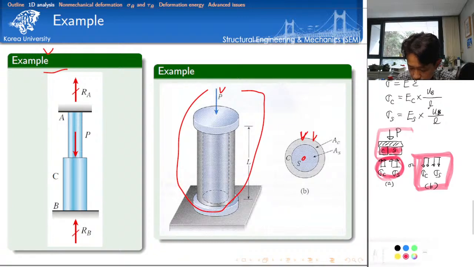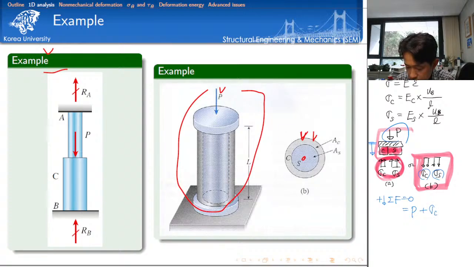So if you understand this, for any calculation, I need to have a local coordinate system. So now let's use this local coordinate system just for educational purpose. Sum of all the forces in downward direction should be equal to 0. So I have positive P and then positive this.